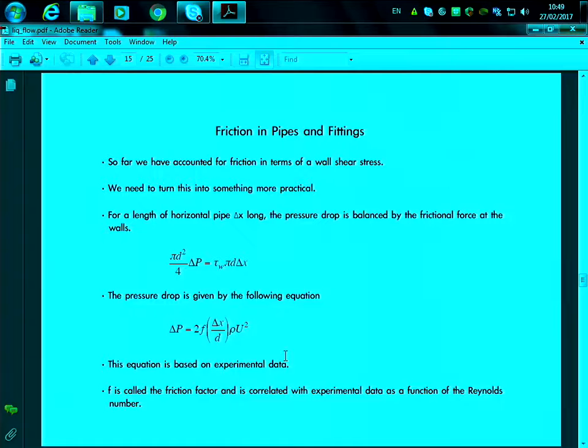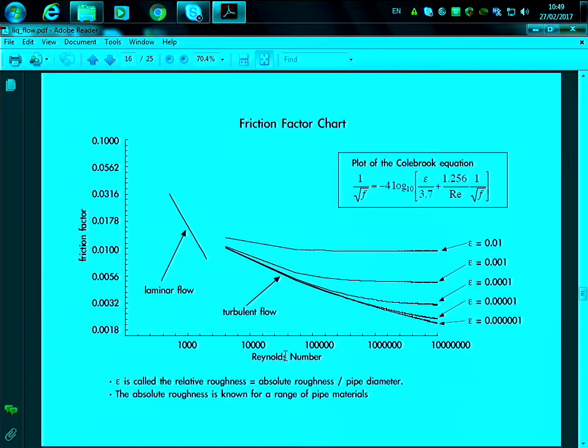Yes, if you have a computer, but if you want to do it completely by hand, it's better to use the chart. So relative roughness is the absolute roughness of the pipe over the diameter, and the absolute roughness is normally known for a range of pipe materials. So it will depend whether it's stainless steel, carbon, or what type of material you're using for the pipe.